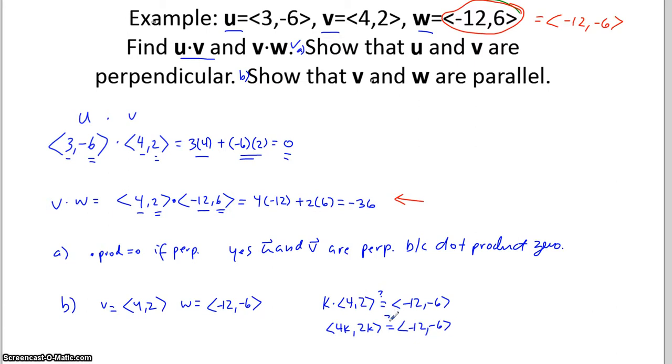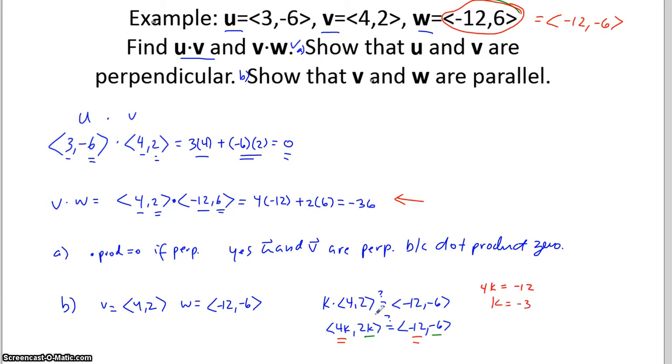Again, this is still a question. We're trying to see if we can find that k. That's only going to be true if I get the same k for the x components and the same k for the y components. So let's solve each of those. For x, 4k equals negative 12, so k equals negative 3.